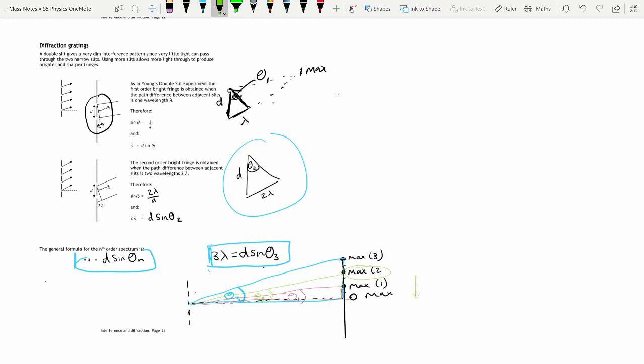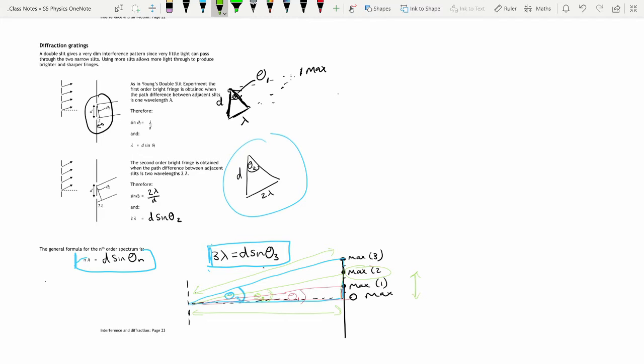We could measure basically any of these lengths using a ruler or a measuring tape, and you could work out what the angle would be. Or you could sometimes directly measure the angle with a protractor, depending on how big the maximum and minimum spread is.